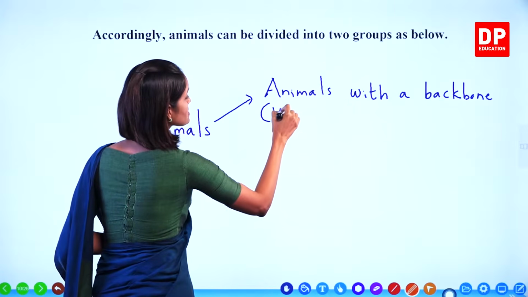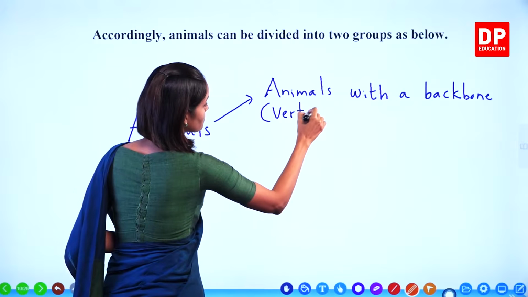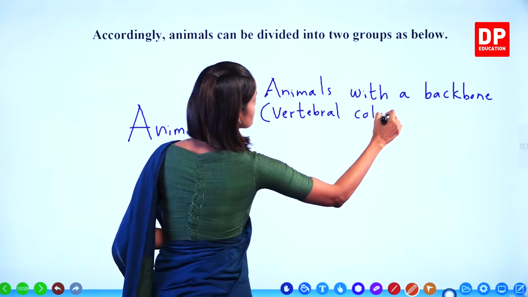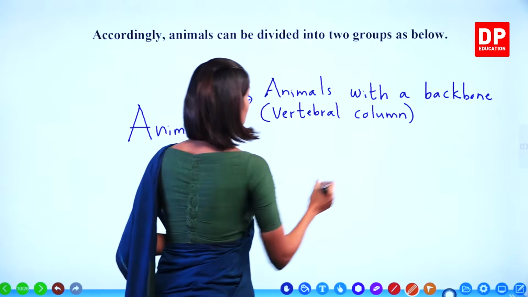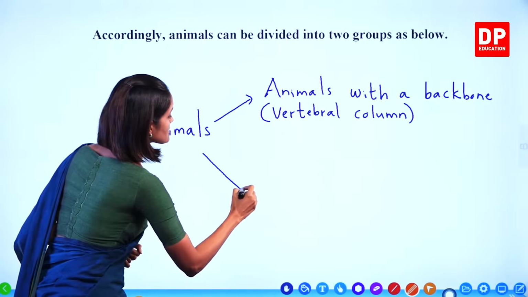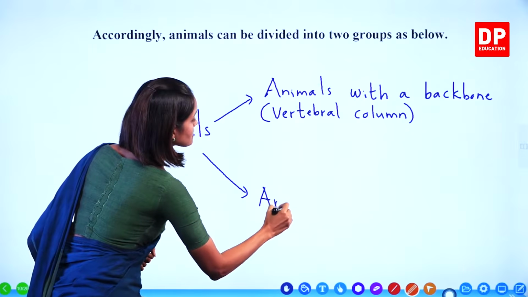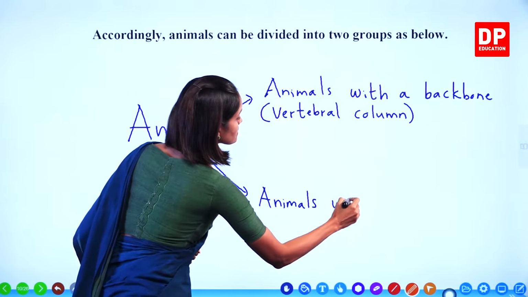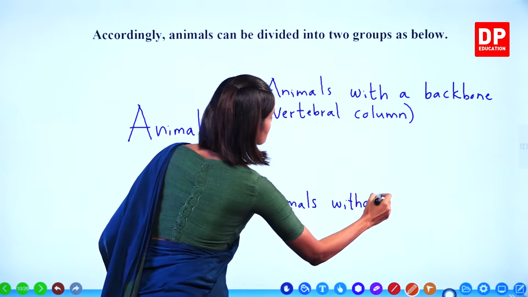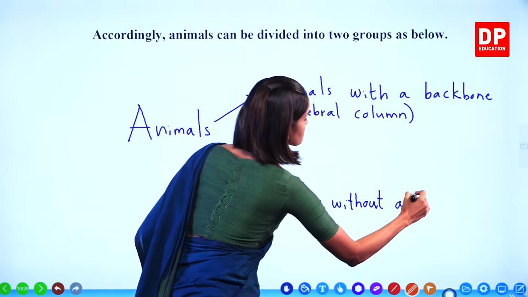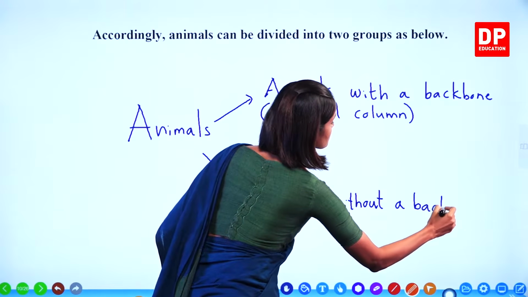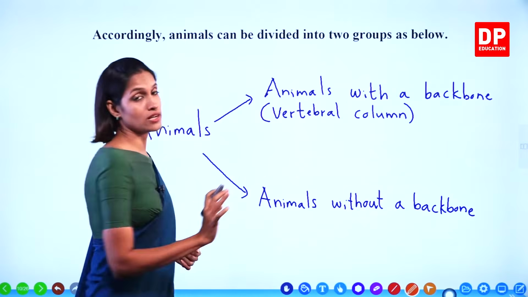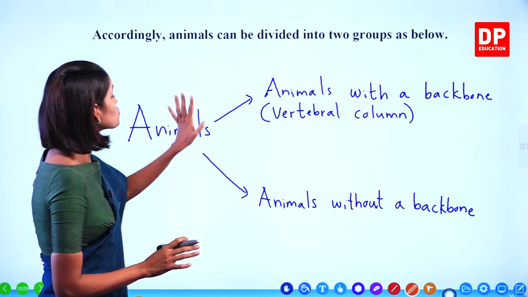It is known as vertebral column. Vertebral column. Right? And the other group is animals without a backbone, or vertebral column. Right? There are two groups of animals.